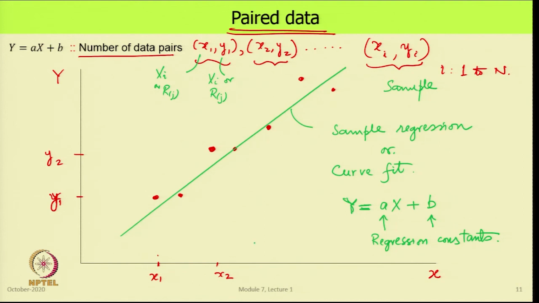So, this is our idea of what data pairs are and how using one set of paired data, we get a sample regression or a curve fit. The method we have not looked at, but it will generate one sample regression or one curve fit for one sample of the form y is equal to a x plus b. A and b are the regression constants.